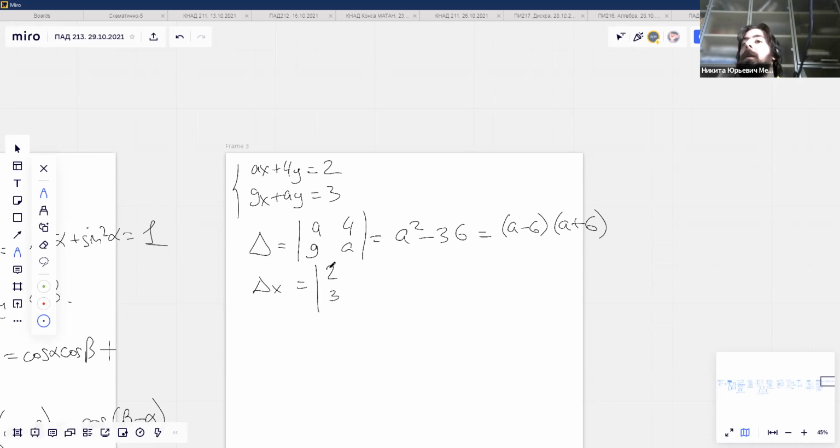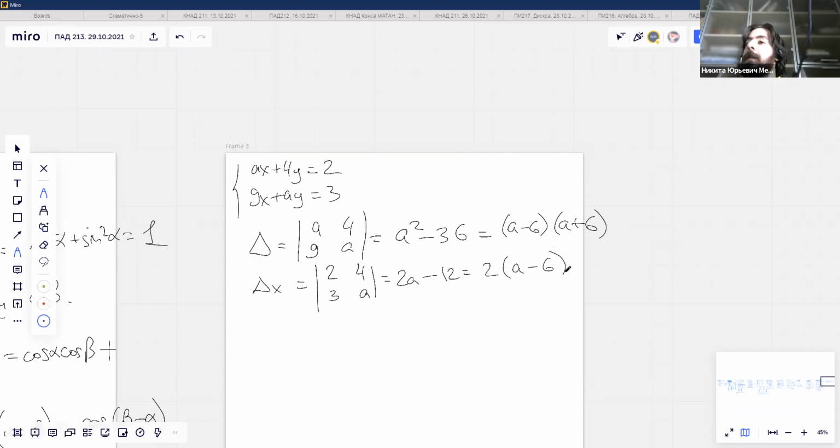So for delta x, I replace the first column by 2, 3, the right-hand side. And the second column remains 4a. So this is 2a minus 12. Or it is easier for me to write it as 2 times a minus 6.